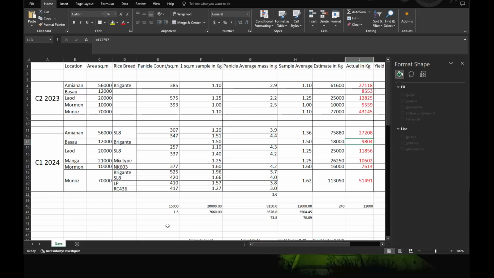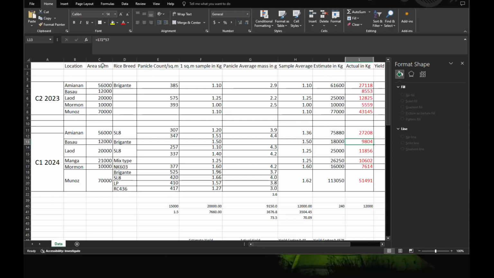Give me your data. I'll input it, add it to my data and get additional data. I just need the final count, kilos per square meter. Give me your actual yield.